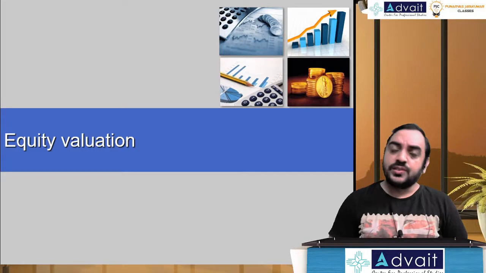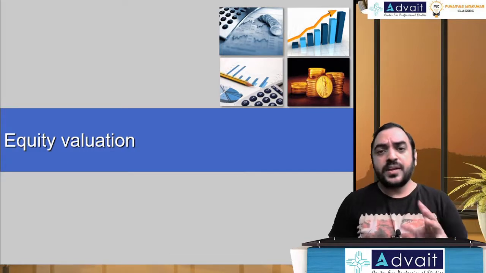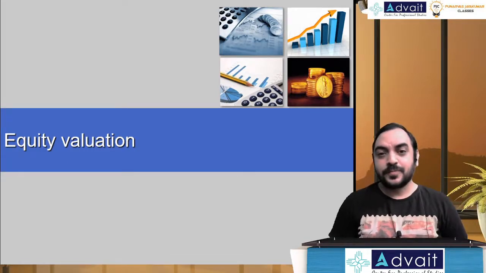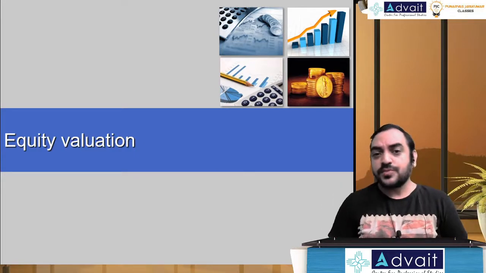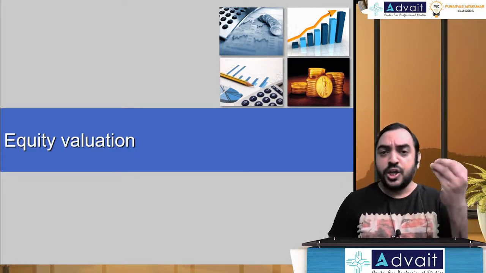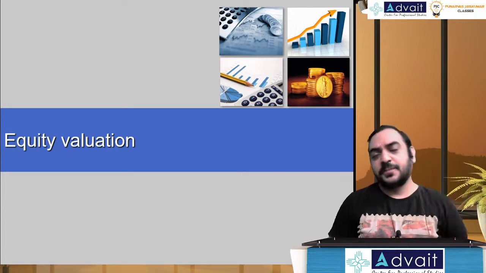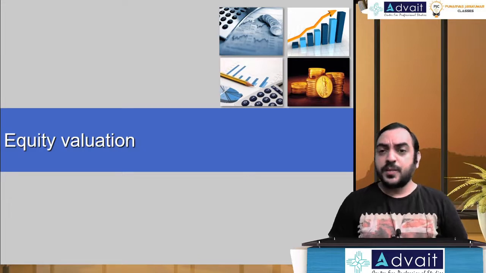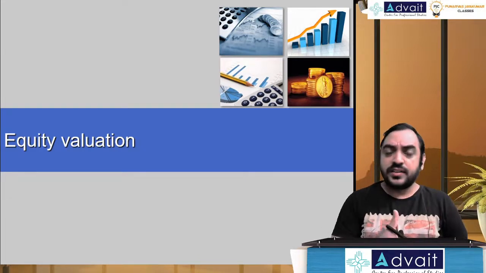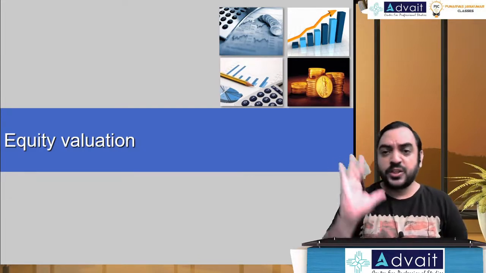In bond valuation, it was pretty much straightforward. The basic definition of value is the present value of future cash flows, and in bond valuation, future cash flows were fixed. We knew the coupon and we knew the redemption price. We discounted it, we got the present value, we got the value of the bond.